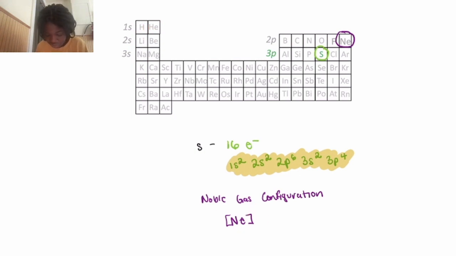So we can now start at 3s2. Now we're at the 3p. Sulfur is the 4th element, so designate that as 3p4. And that is it for the noble gas configuration, just a little shorthand way of writing.